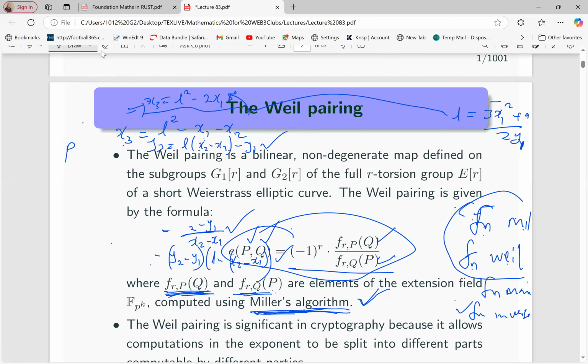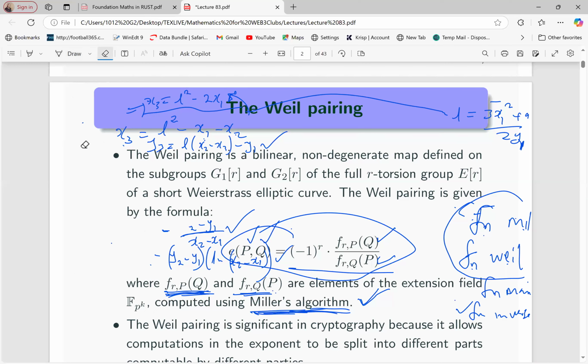But the rest will be the same. We've looked at them before.